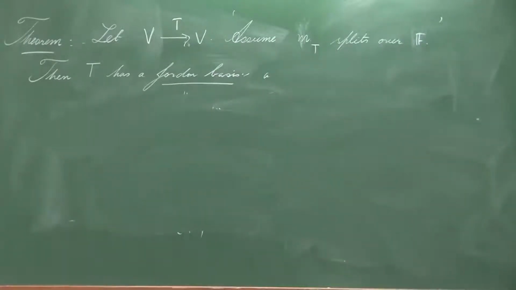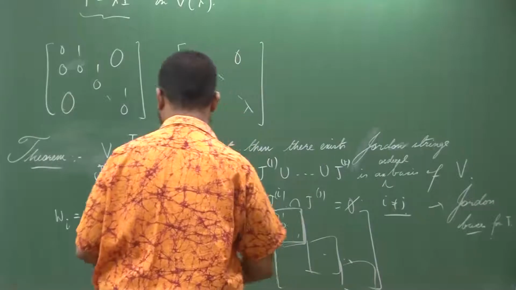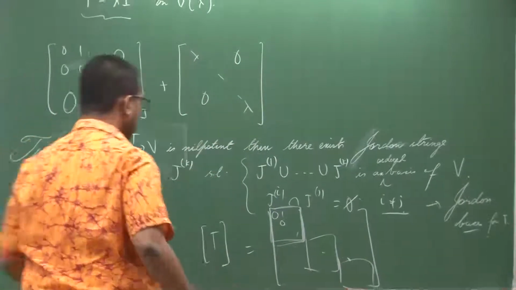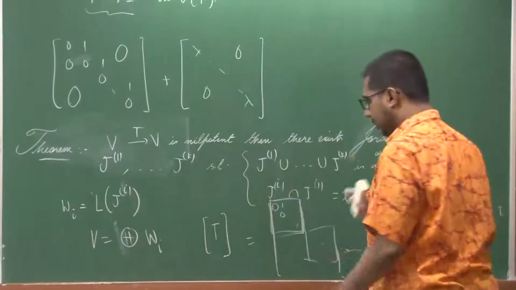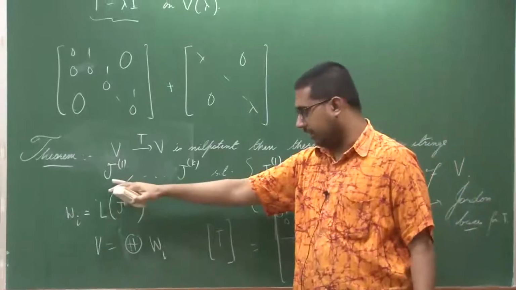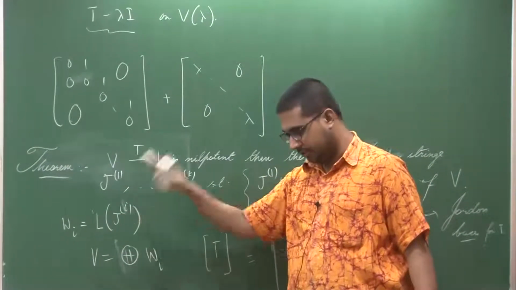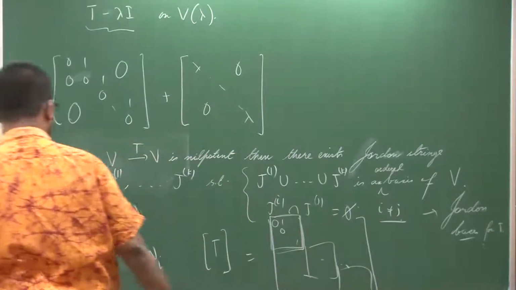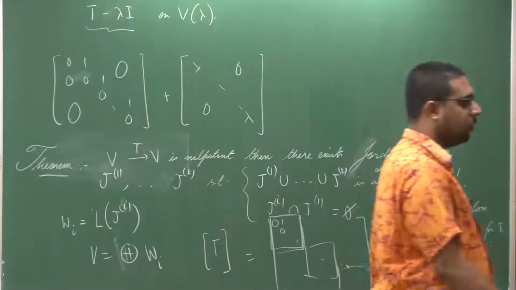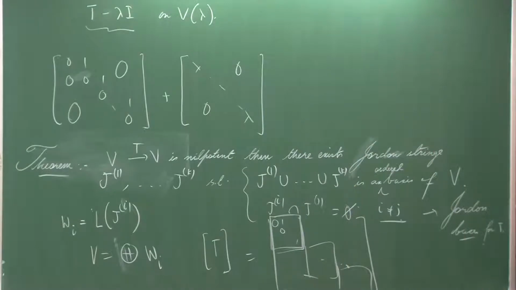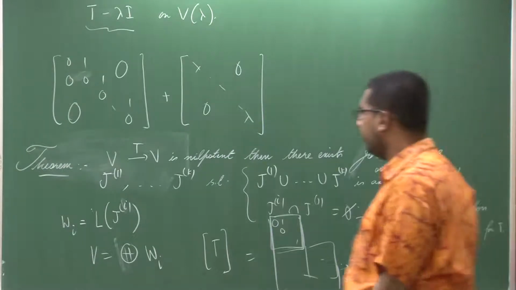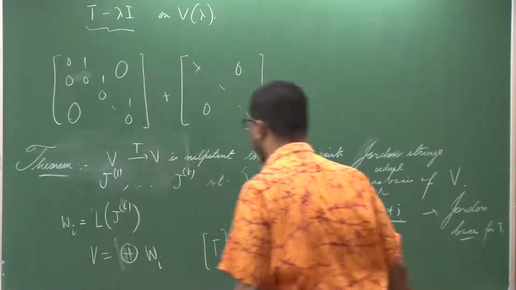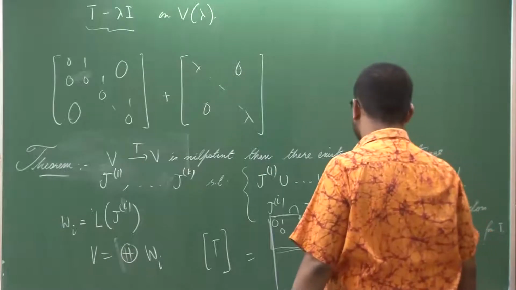There exist Jordan strings such that, here it is simple, because the point is I started using the same notation for the Jordan string and the corresponding Jordan matrix as well. So let us not do that, because it might be possible that for two different Jordan strings the Jordan matrix is the same. So we should reserve this notation for the matrix.